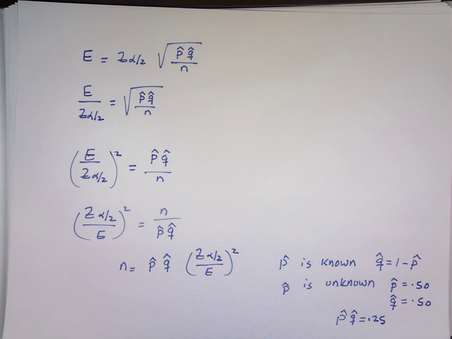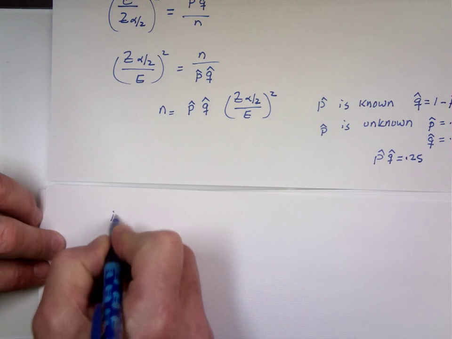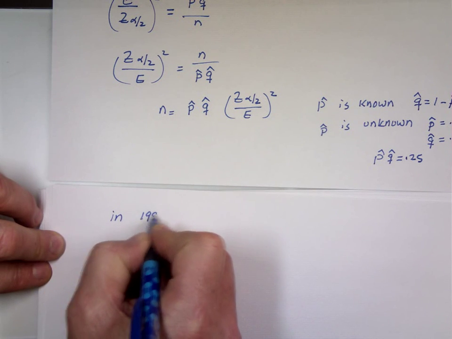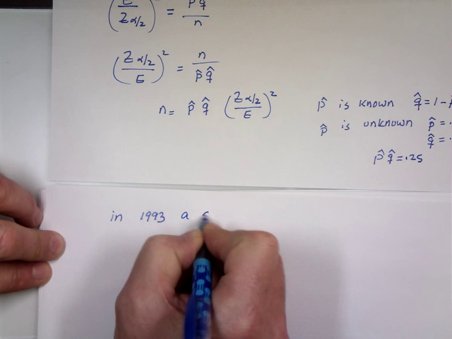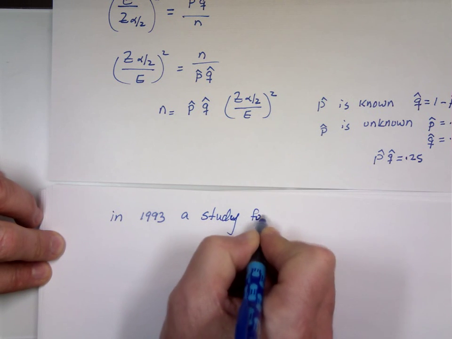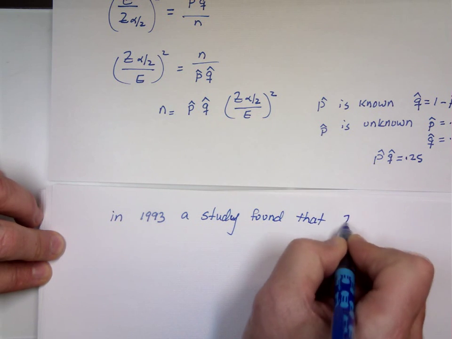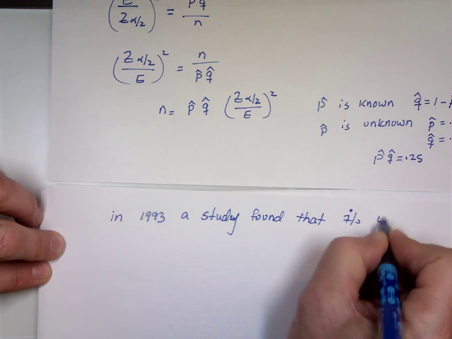So let's take an example. In 1993, a study found that 7% of households use the internet or have internet.